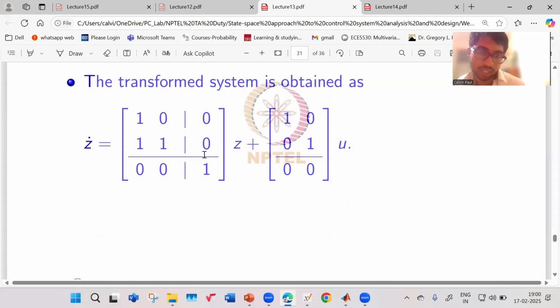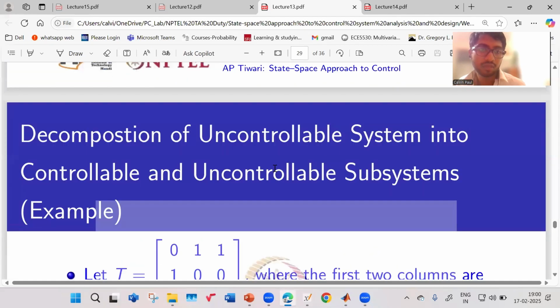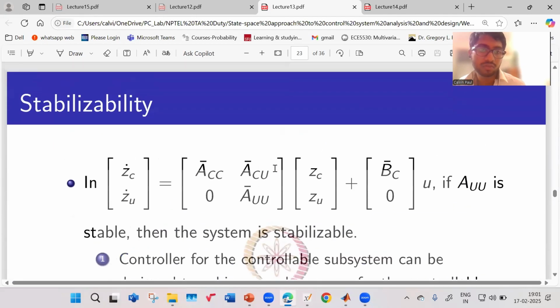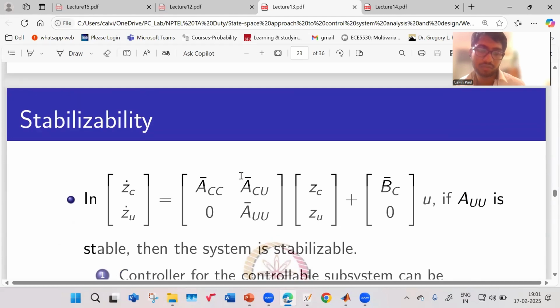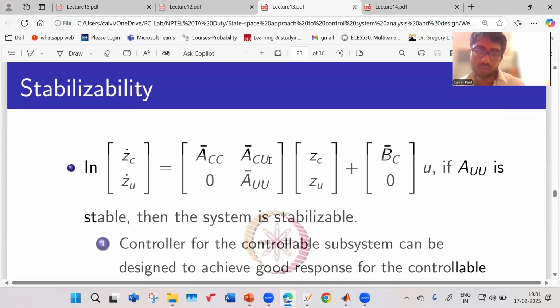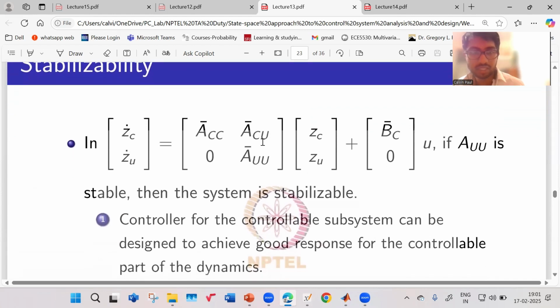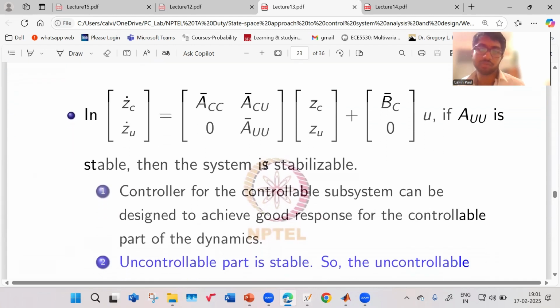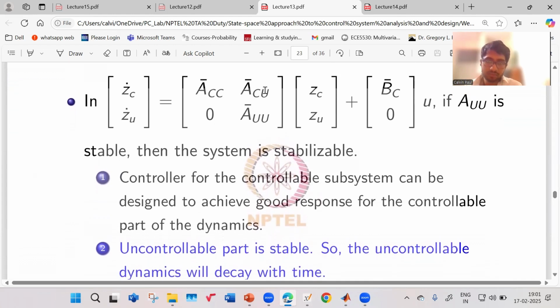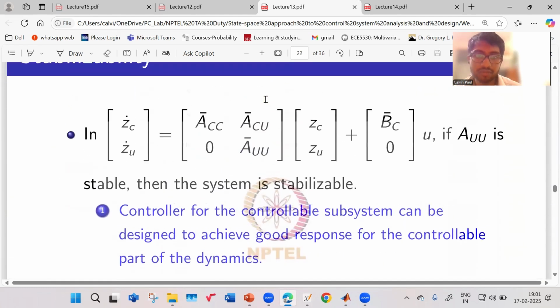Right. So this is the controllable part and this is the uncontrollable part, which is shown in this part. Okay. So ACC is the controllable part. AUU bar is the part which is uncontrollable. And ACU bar is the cross coupling part. Is the cross coupling terms. Right.